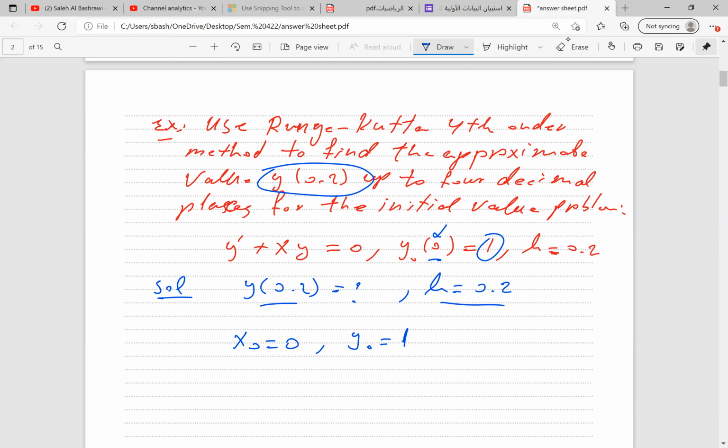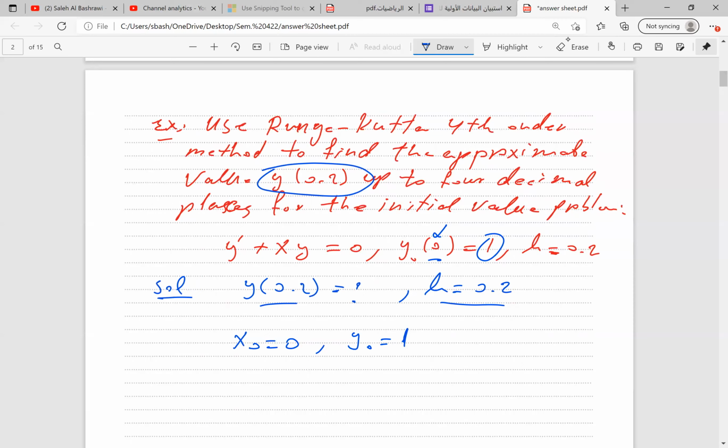So this will be my first value for the first iteration, because the Runge-Kutta method is an iterative method to find consecutive values of y using the recurrence given there. So we are using the previous value to find the next one, and this process can be repeated again and again.